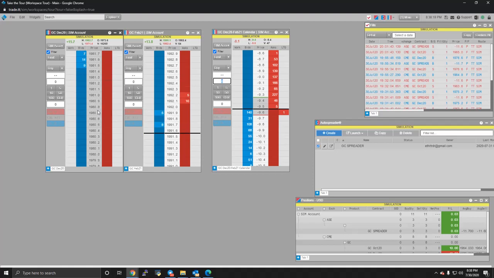And you could see, if 1980 becomes the mid-market price and you have 1992 as the mid-market price in February, the spread will trade down to minus 12. And that's how you will see a calendar spread either tightening towards zero or widening out away from zero to a greater negative number in a traditionally priced forward curve.